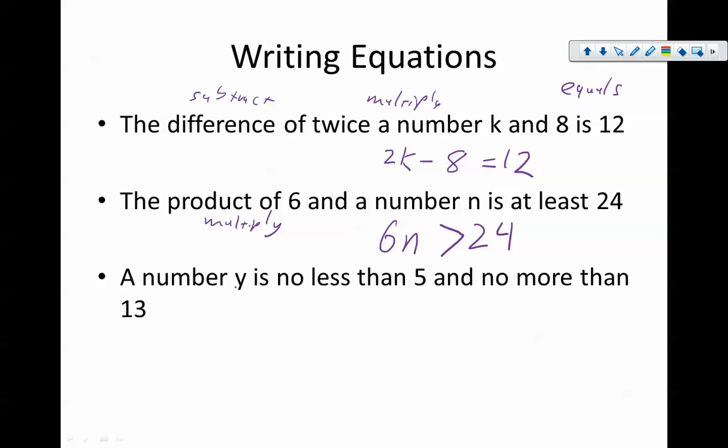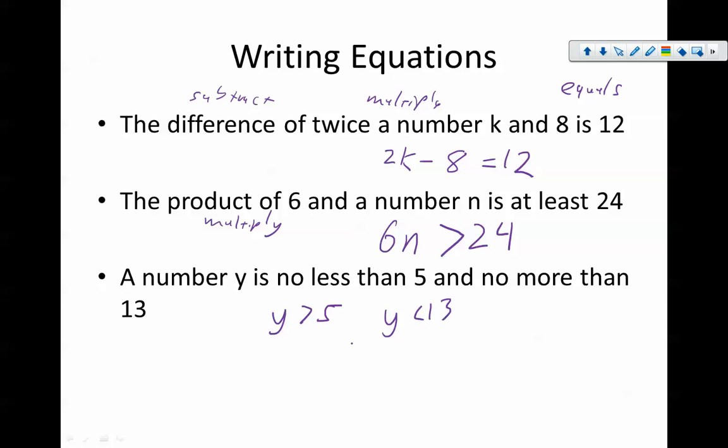Finally, a number y is no less than 5 and no more than 13. We got a couple things there, right? It's no less than 5, meaning it has to be bigger than 5, but it's no more than 13. So y is greater than 5, but it's no more than 13, which means y is less than 13.